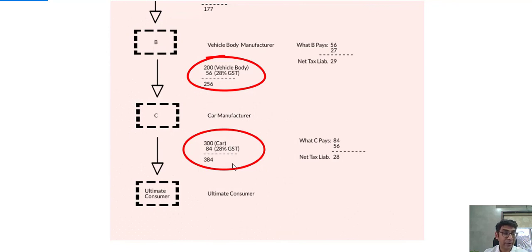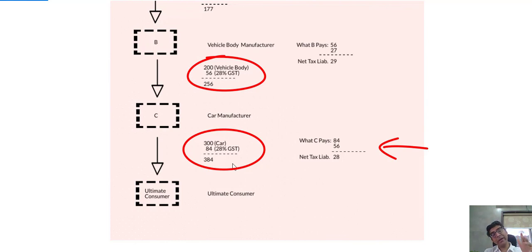Now, does Hyundai have to deposit 84 rupees to the government? No, because although it has collected 84 rupees as tax, it already has 56 rupees as points. So it is entitled to deduct 56 rupees from 84 and pay a tax of 28 rupees.